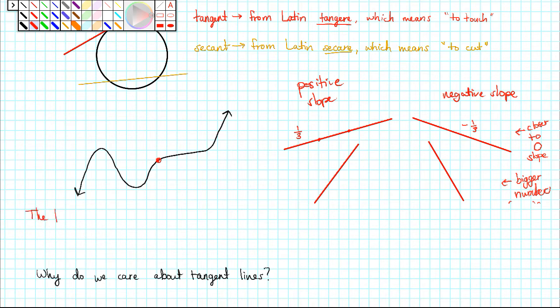The tangent line is the line that the curve looks like.